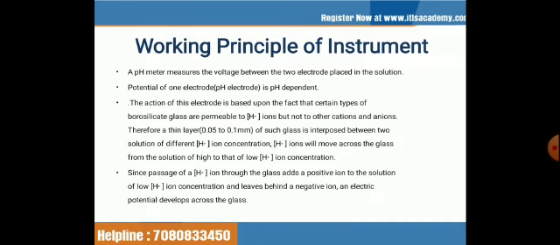Since the passage of H ion through the glass adds a positive ion in the solution of low H ion concentration and leaves behind a negative ion, an electric potential develops across the glass as the H ion moves from higher to lower concentration.